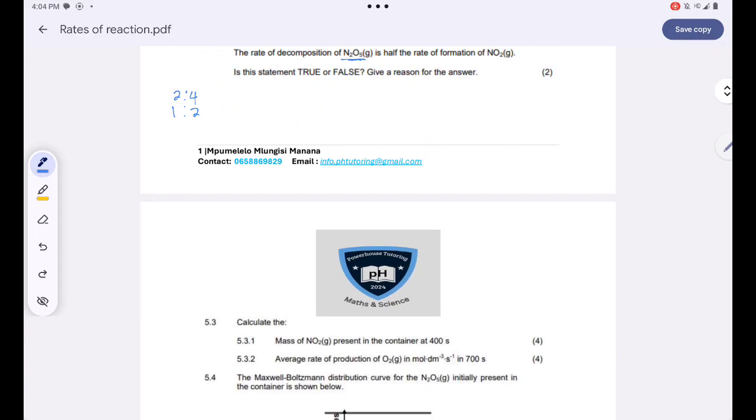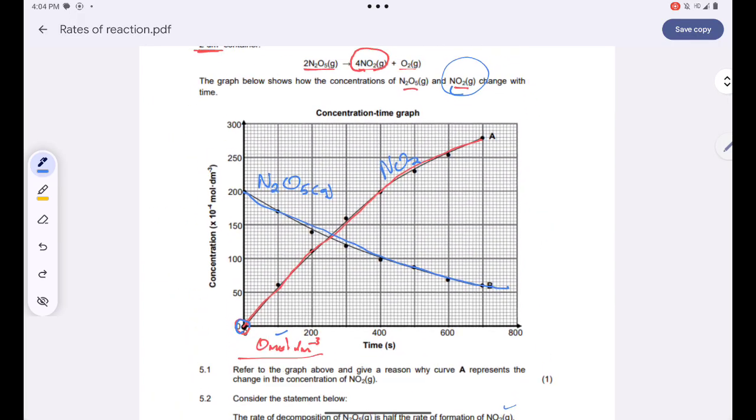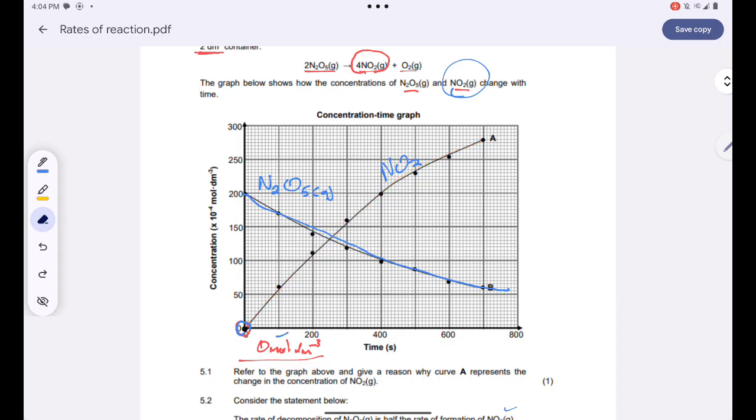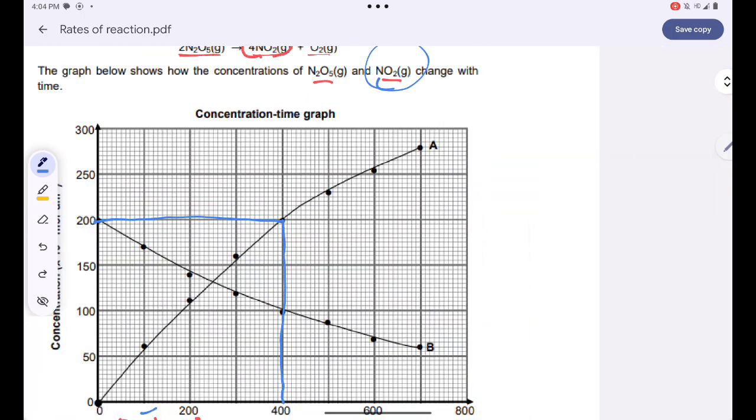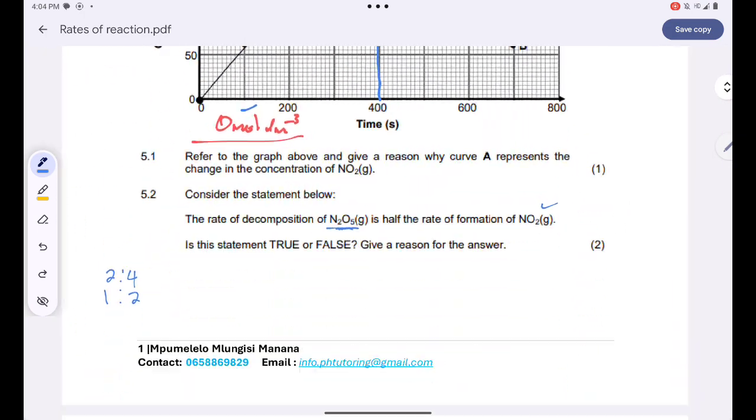Now we are being asked to calculate the mass of nitrogen dioxide present in the container at 400 seconds. 400 seconds is over there, and the actual concentration is 200 times 10 to the power negative 4 moles per cubic decimeter. What do they want us to calculate?